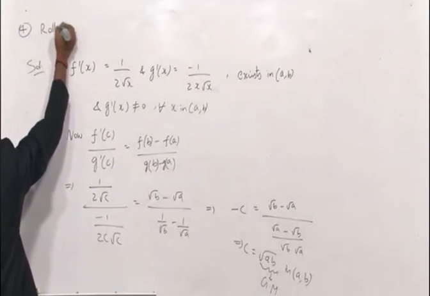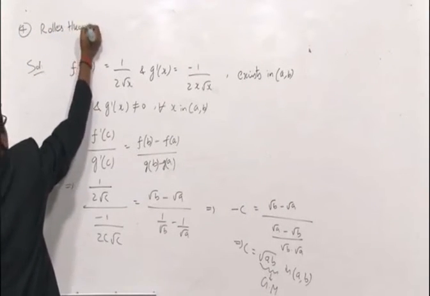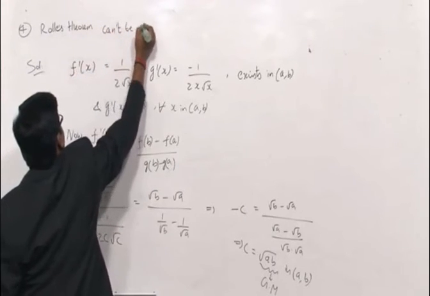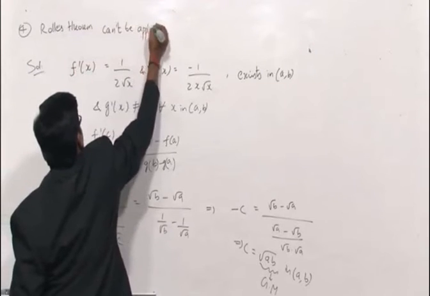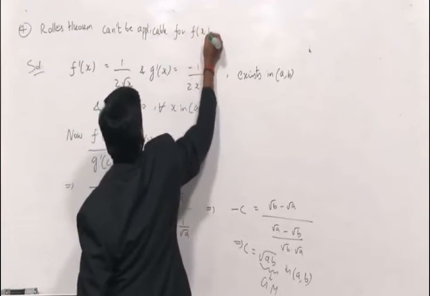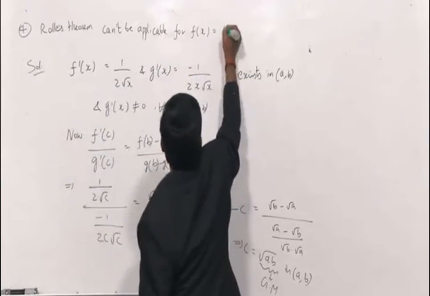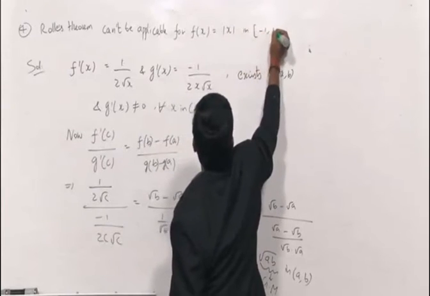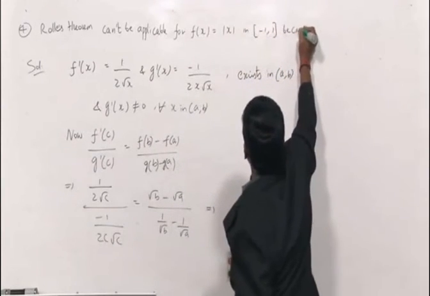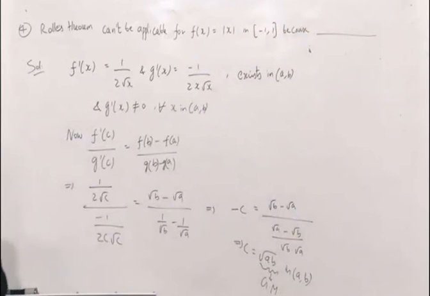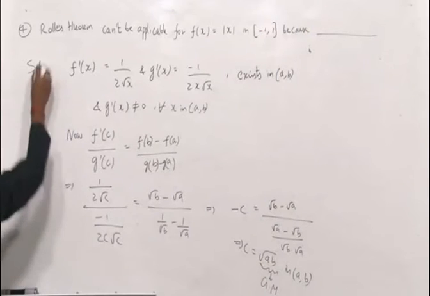Rolle's theorem cannot be applicable for f(x) is equal to mod x in (minus 1, 1), because I want the reason. Later you try. One more question: why is this theorem not applicable? Just recall your basics which I have already given.